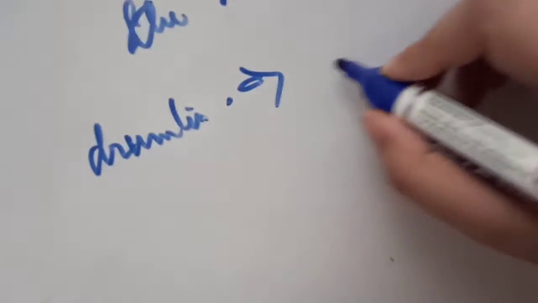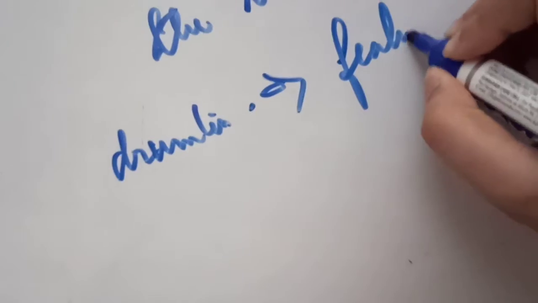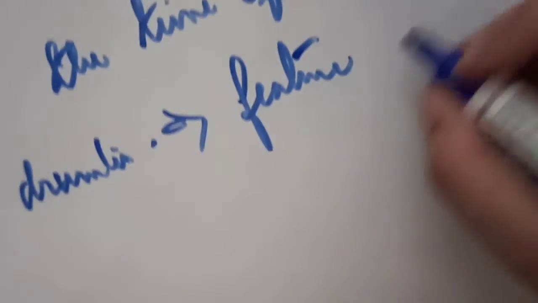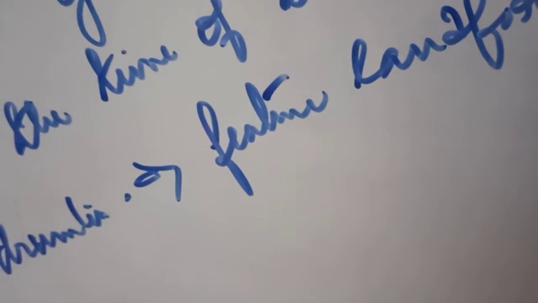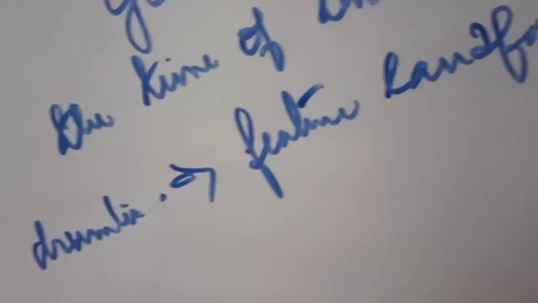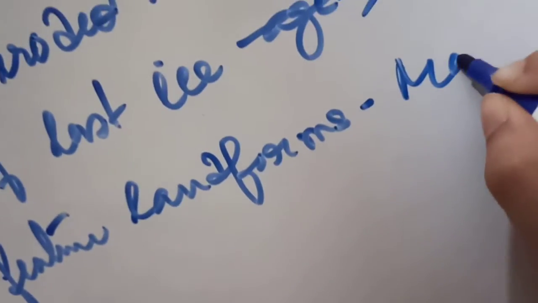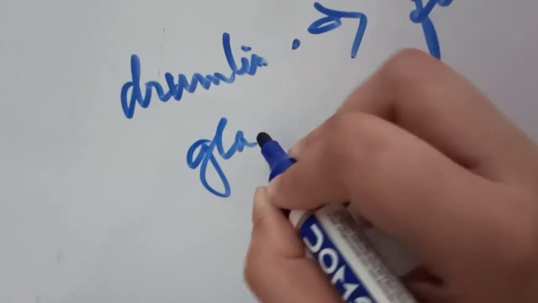These are some spectacular features of landforms that are found over here. Many lakes are found over here which are basically of glacial origin.